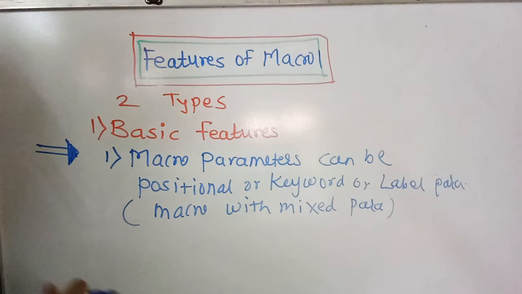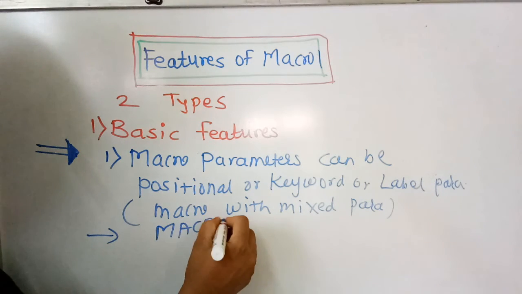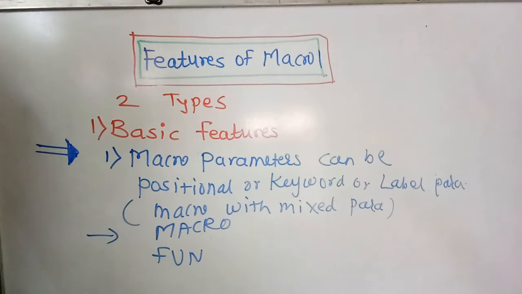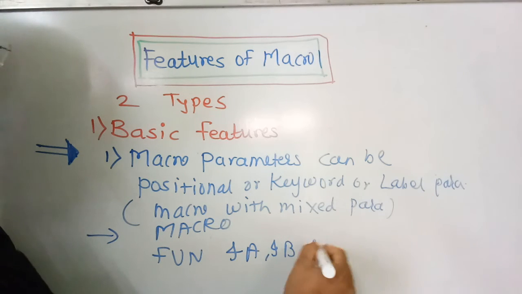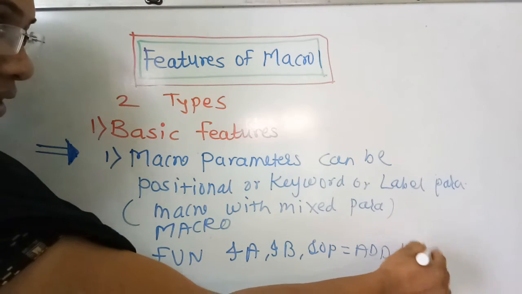We will take this with the help of an example. Macro is nothing but the starting point. Then, for example, one function is there. For representing any parameters, we know that the ampersand operator means it is nothing but call by reference. So, for example, ampersand a, ampersand b, ampersand operand equals add, then ampersand lab.